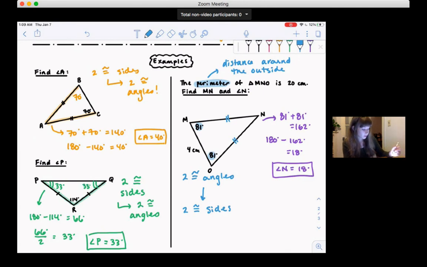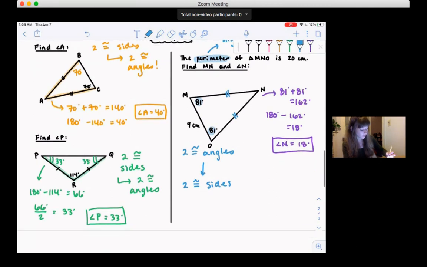Okay, now we know all the sides together make 20. One of the sides is 4, so we can use that to find our missing side. Let's do 20 centimeters, which is our total. Take away 4 centimeters, which is the side that we have, and we're left with 16 centimeters. So these two remaining sides together have to make 16 centimeters.